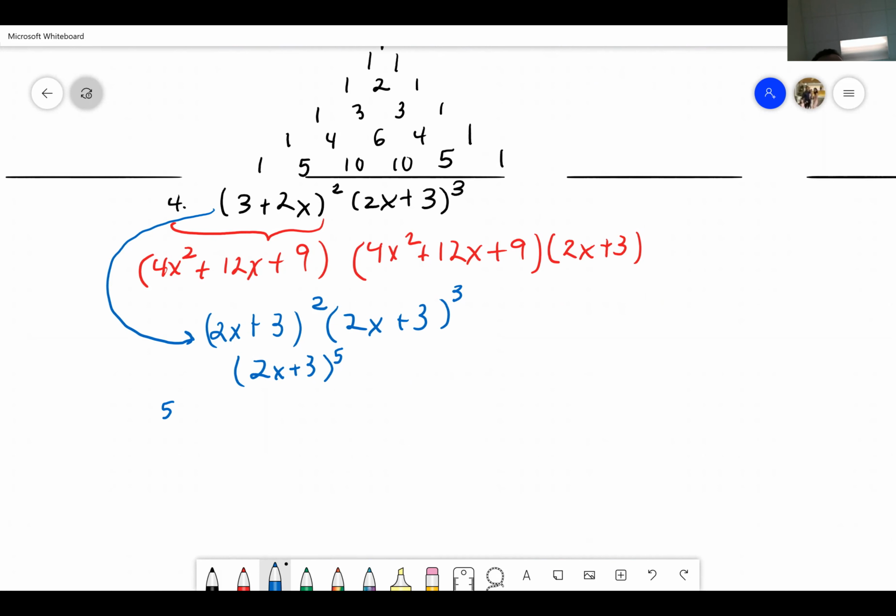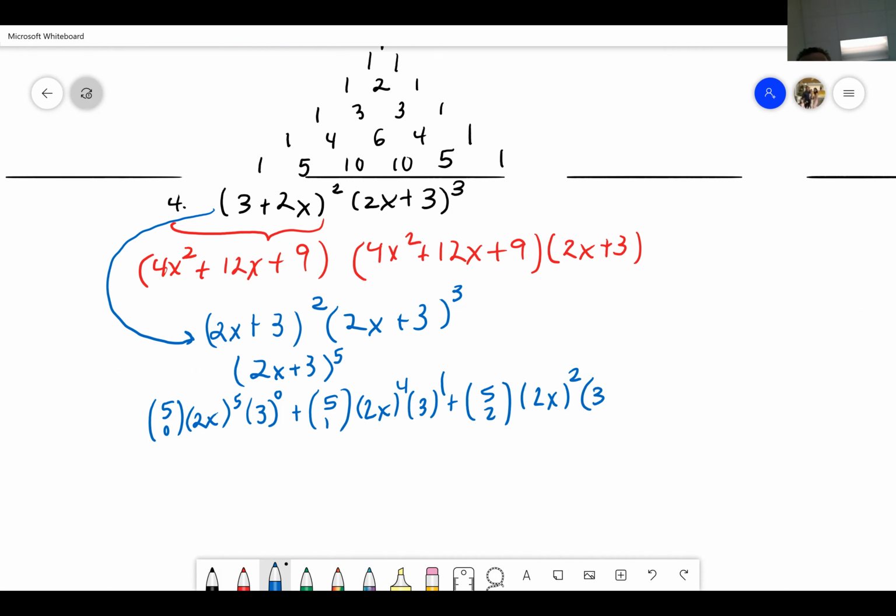It's 5 choose 0, (2x) to the fifth times 3 to the 0, plus 5 choose 1, (2x) to the fourth, 3 to the first, plus 5 choose 2, (2x) to the third, 3 to the second. Sorry about that.